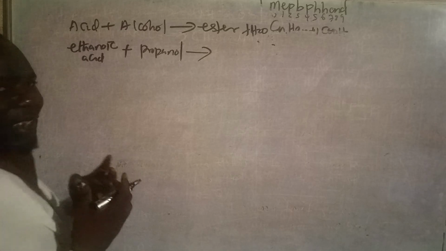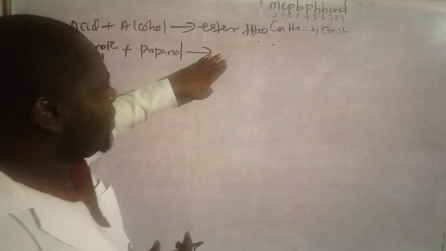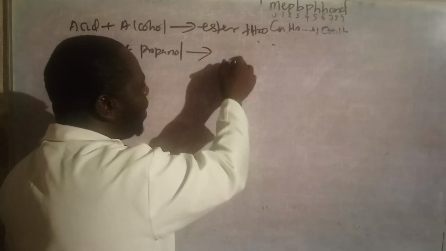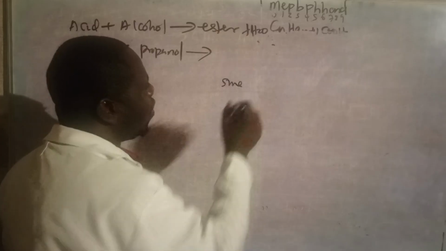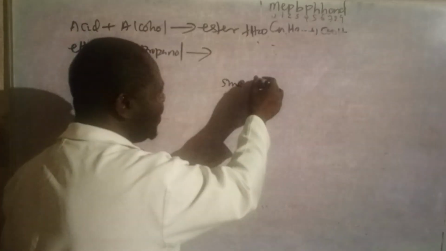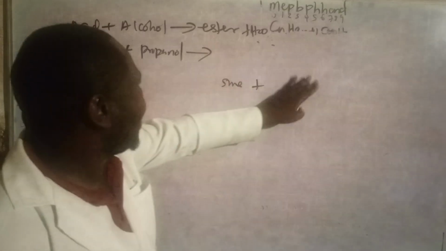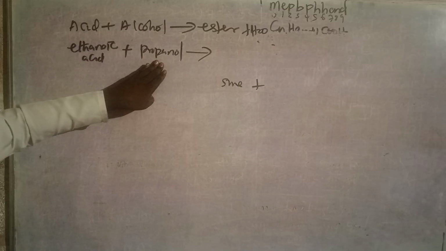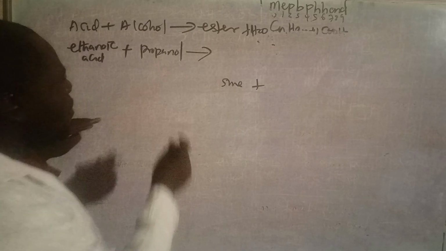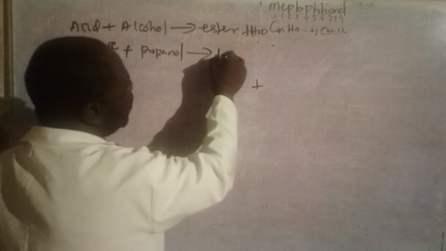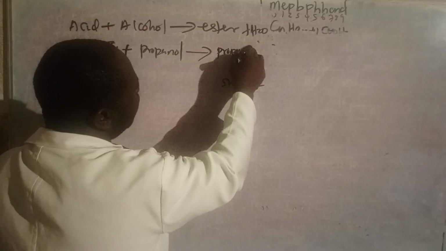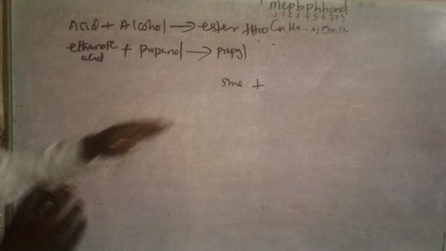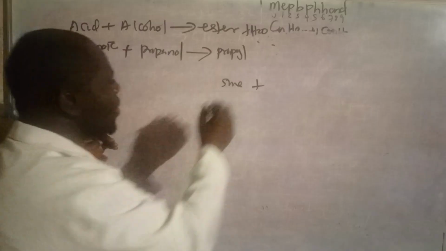So the sweet name, don't forget, the first part of the name comes from alcohol, then plus the last part comes from acid. Since the alcohol here is propanol, the first name comes from alcohol, so I'll write propyl.